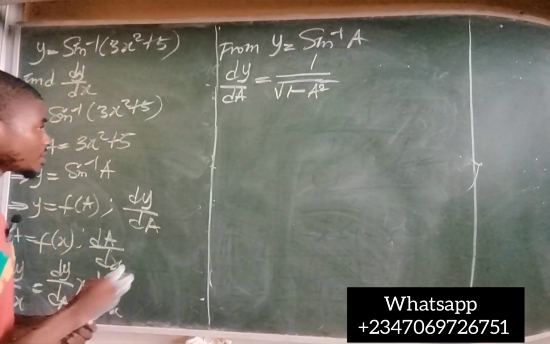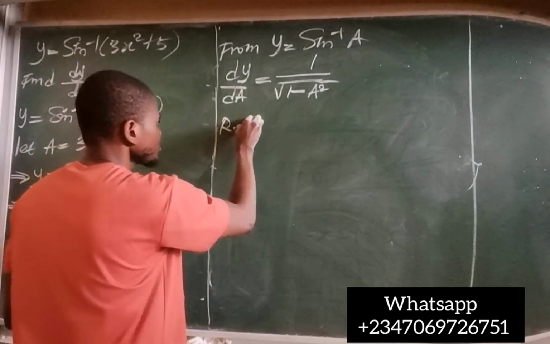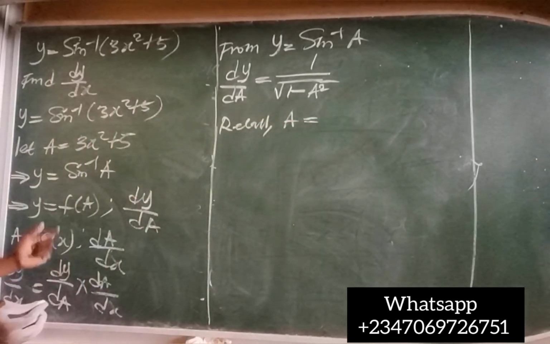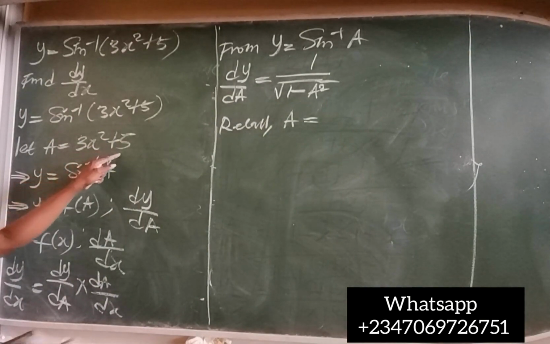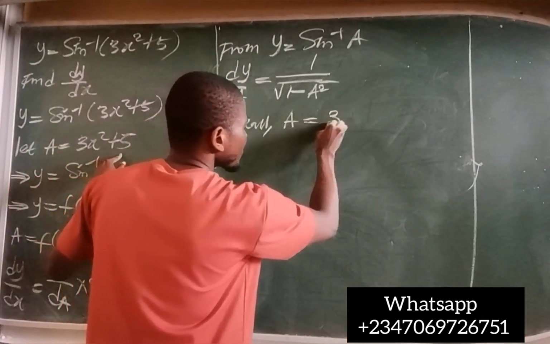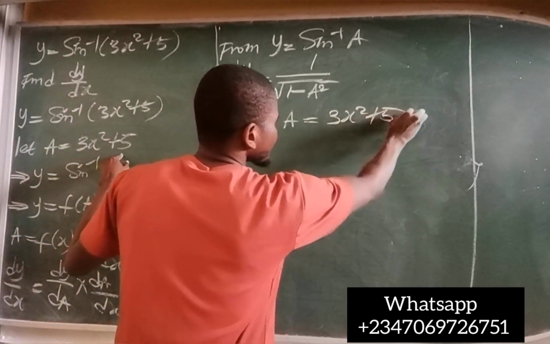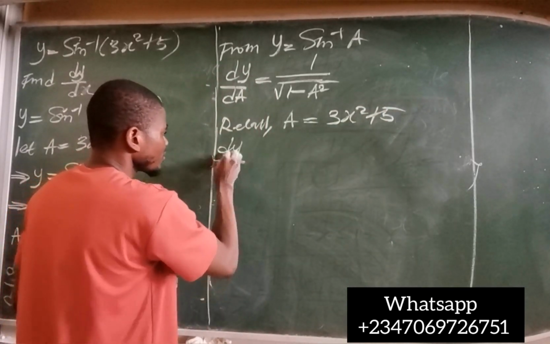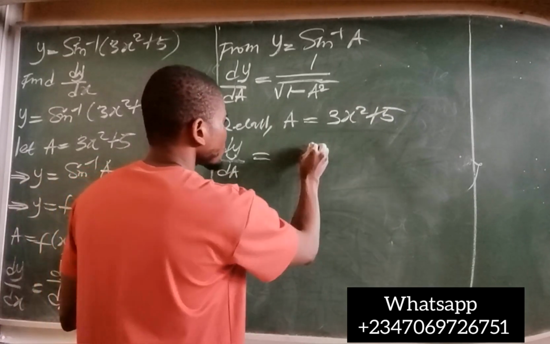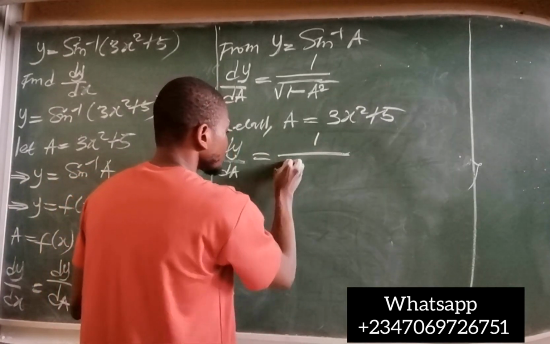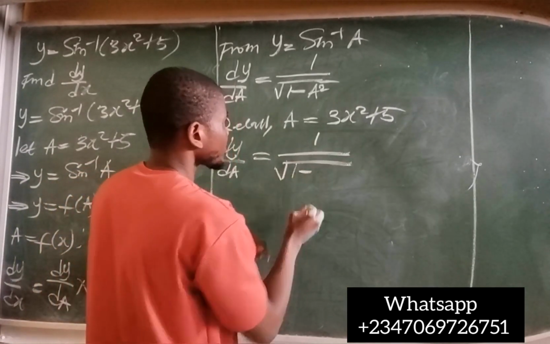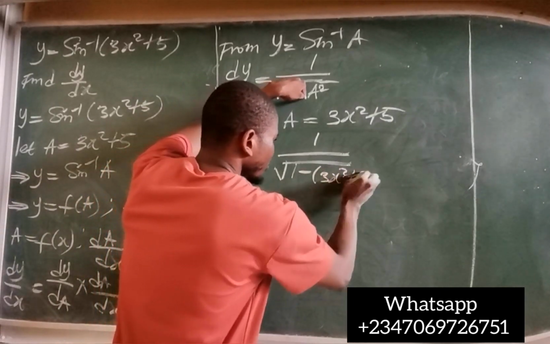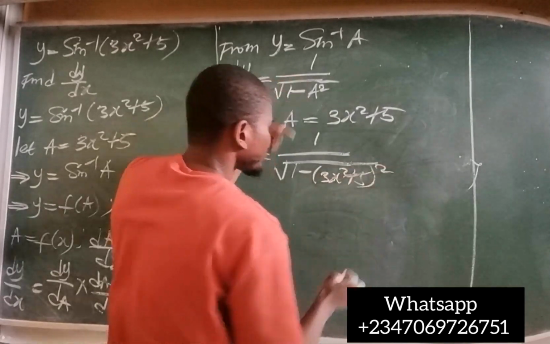But not forgetting that a itself is actually what? We said let a be 3x squared plus 5. So a is 3x squared plus 5. This means that dy da is now equal to 1 over the square root of 1 minus, in place of a squared, we simply have 3x squared plus 5 all squared.